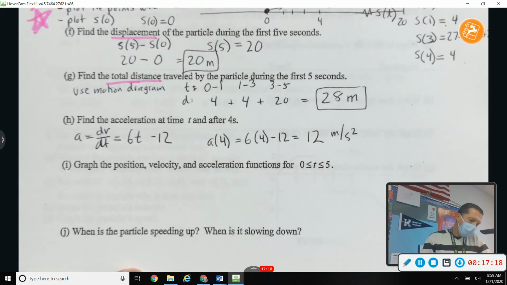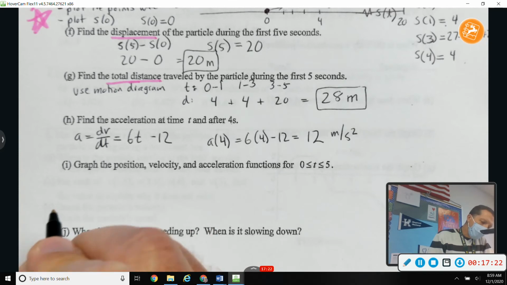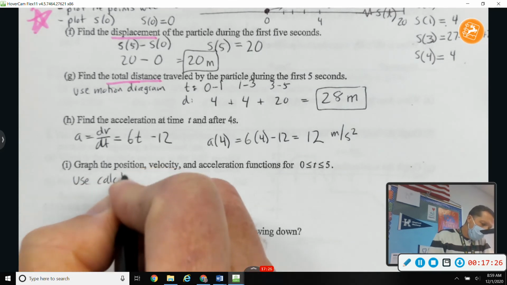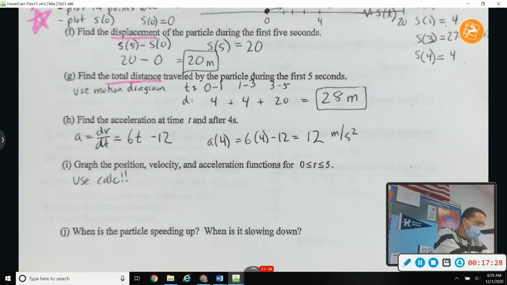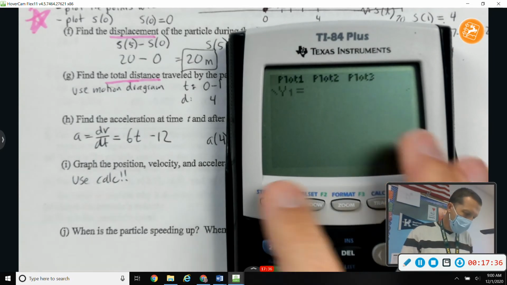Graph the position, velocity, and acceleration functions for 0 to 5. Well, use a calculator for that. So grab a calculator. You can borrow one of mine if you need to.